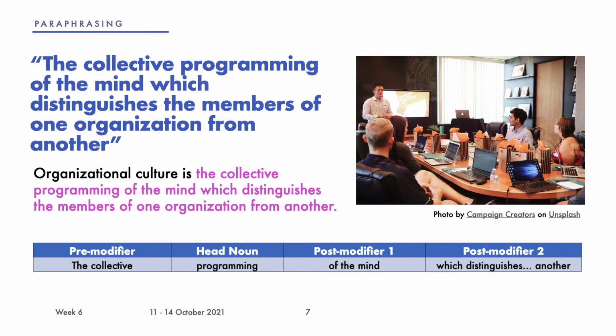So in this case, you may already see that it is easier to break the nominal group or the noun group into at least two sentences or two clauses to make it a little bit easier to read.